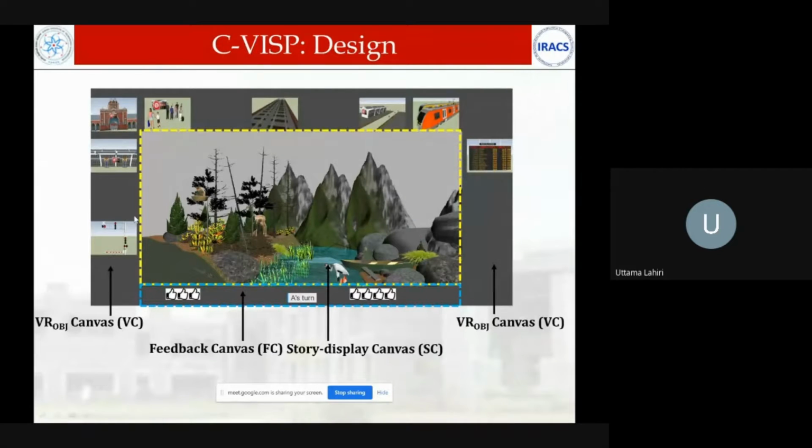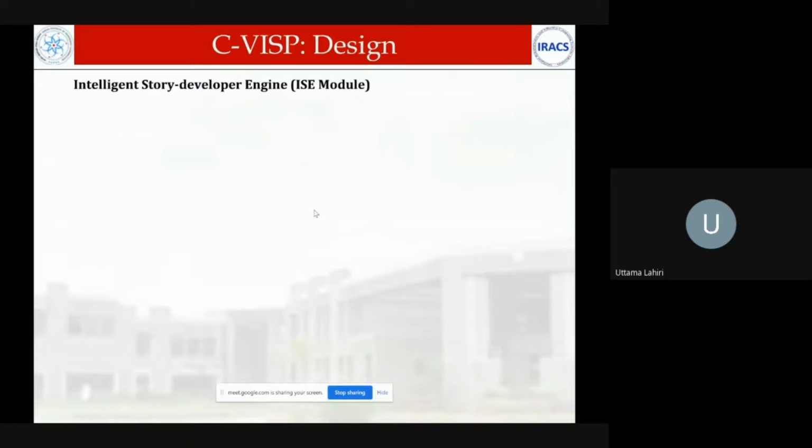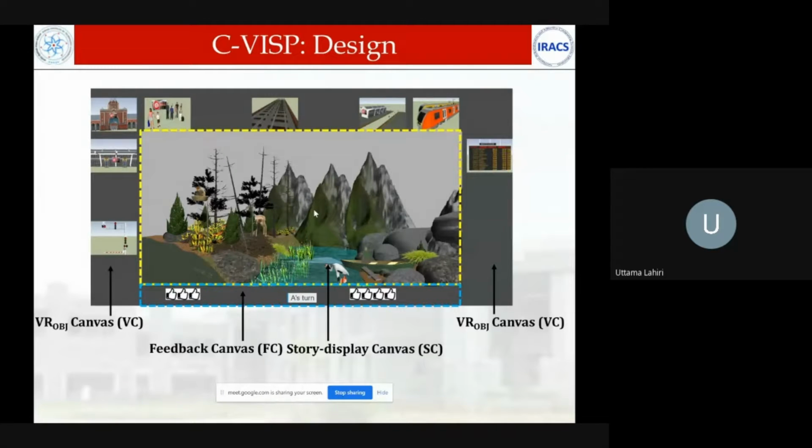And the children were asked to populate a story, like frame a story. And these objects belong to different contexts. For example, there were landscape contexts, there were playground contexts, so different types of contexts were given to them. Now, these children used turn taking, and they developed the stories.